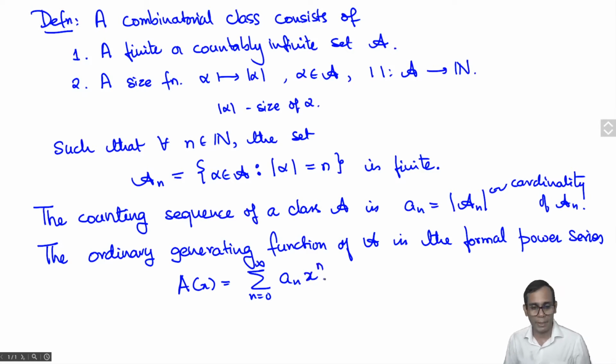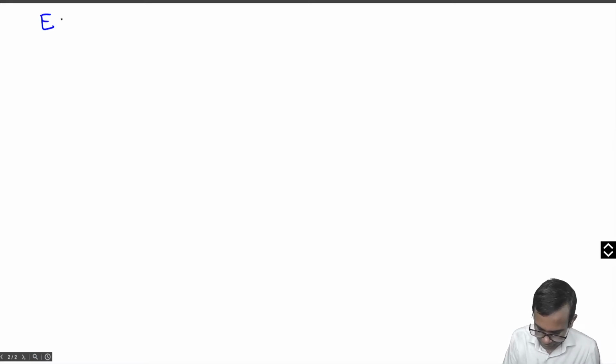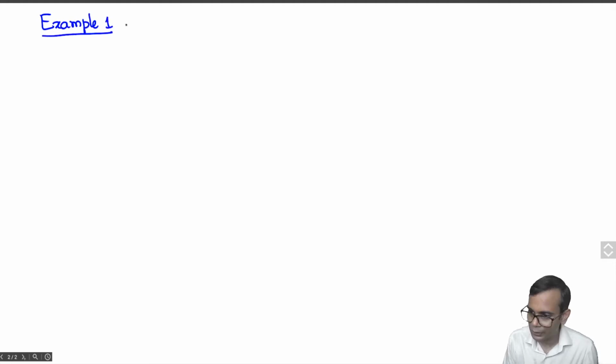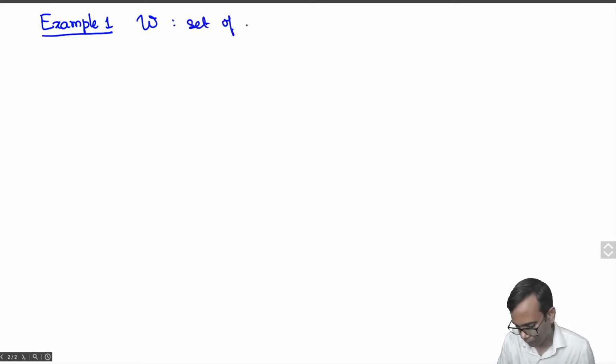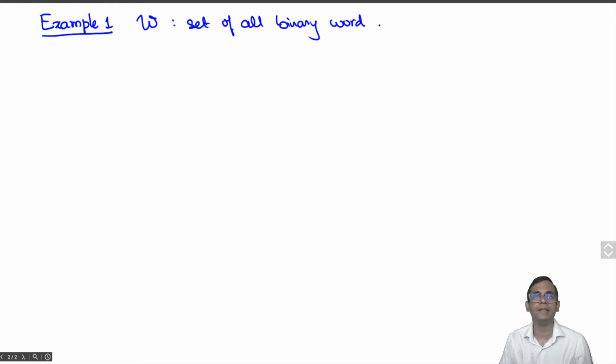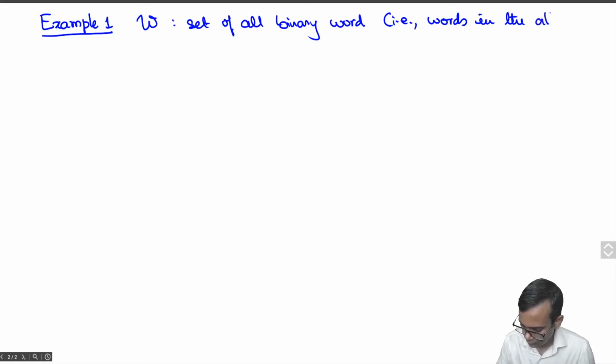Okay, let's look at some examples. So let's just look at W to be the collection of all binary words. By binary word, I mean a word in the alphabet, let's say A for alphabet, which has two elements, 0 and 1.